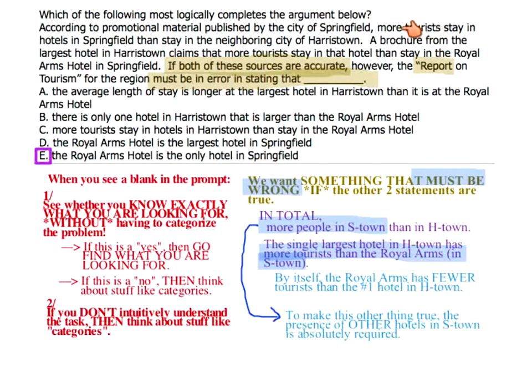Oh yeah, in the passage, that means aggregate total. More tourists stay in hotels in this town, meaning all the people staying in all the hotels in S-Town or in H-Town. That's how you know that we're talking about aggregates here.